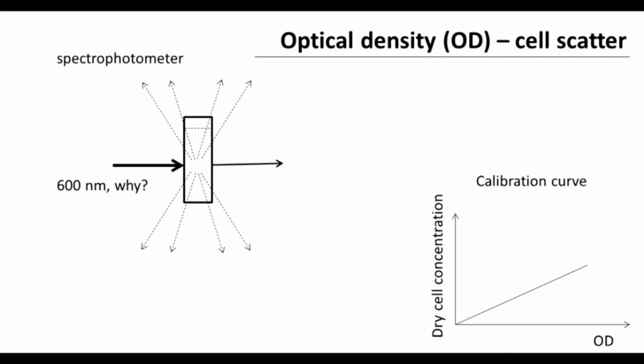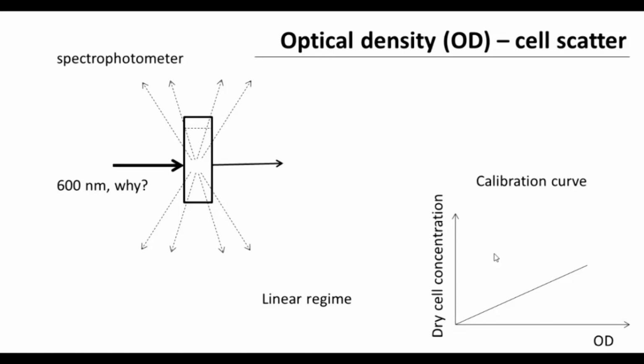Before you dry that, you take a sample and measure the OD, and thereby you can relate various values of dry cell concentration to the OD, and you would get a straight line in a certain range. That is the calibration curve: you could measure OD and get the relevant dry cell concentration using this calibration curve. That is what is typically done.